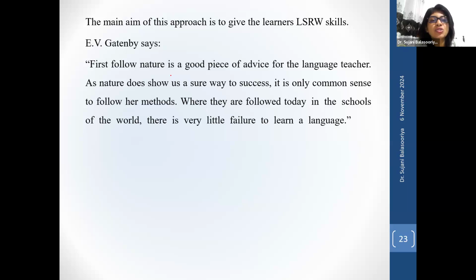As nature does show us a sure way to success, it is only common sense to follow her methods. Where they are followed today in the schools of the world, there is very little failure to learn a language. Talking about nature, right? Follow nature is a good piece of advice for the language teacher. Following the nature.